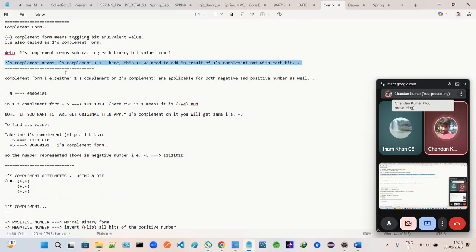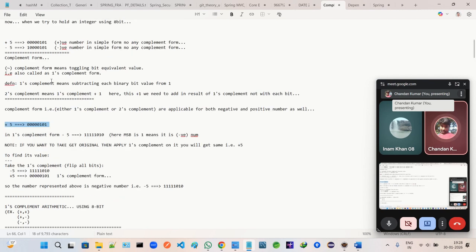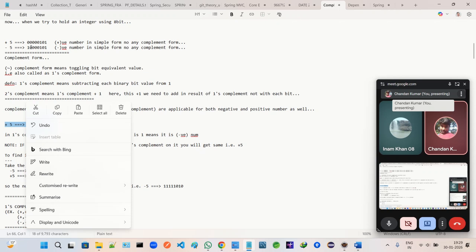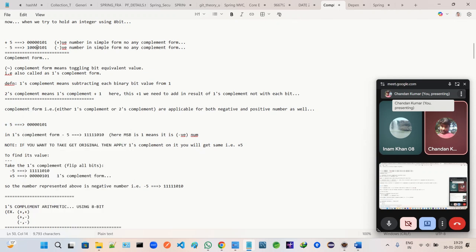Now we have one value 5, so plus 5 we already know how to represent, and minus 5 we already know how to represent without any complement, right? But now we are going to work on complement form.